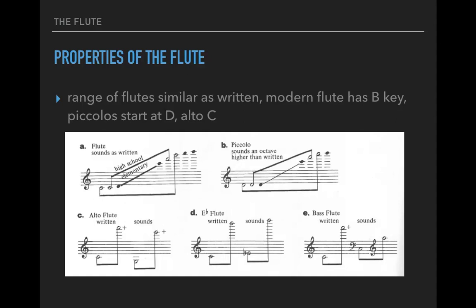Okay, and for the most part, you can see that the alto flute has the same written range as the flute in C, but of course the resulting sound will be lower. So the reason to use that alto flute would be more for the lower register and for the resulting tone. We'll hear some examples of alto flute in class, and you'll see, yes, that's a much richer, darker sound.